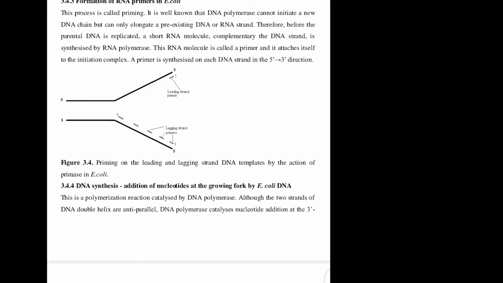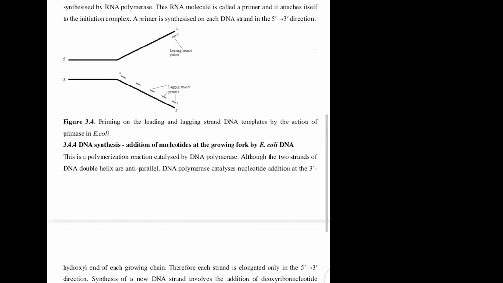Therefore, before the DNA is replicated, a short RNA molecule complementary to the DNA strand is synthesized by an enzyme known as RNA polymerase, just a short segment of single-stranded RNA. Remember that RNA is single-stranded. This RNA molecule is called a primer, and it attaches itself to the initiation complex.